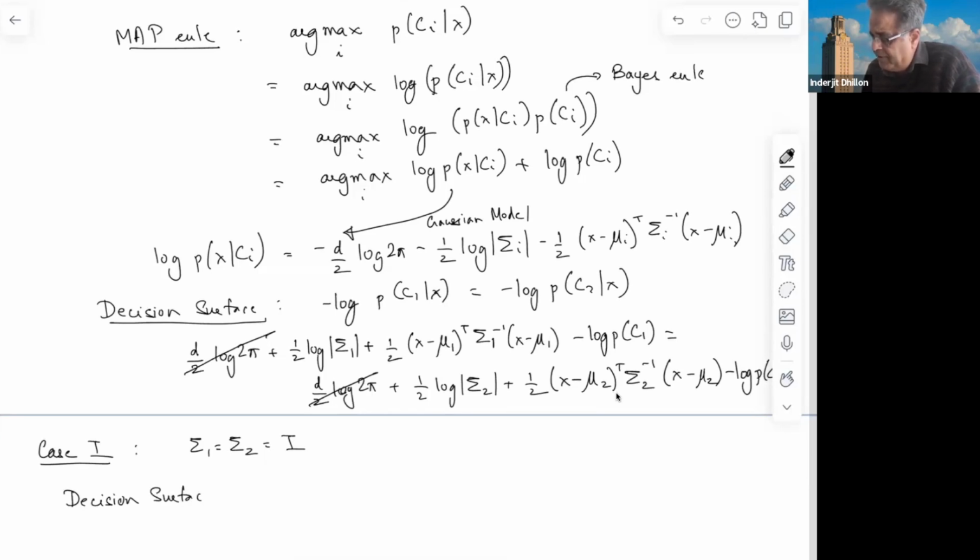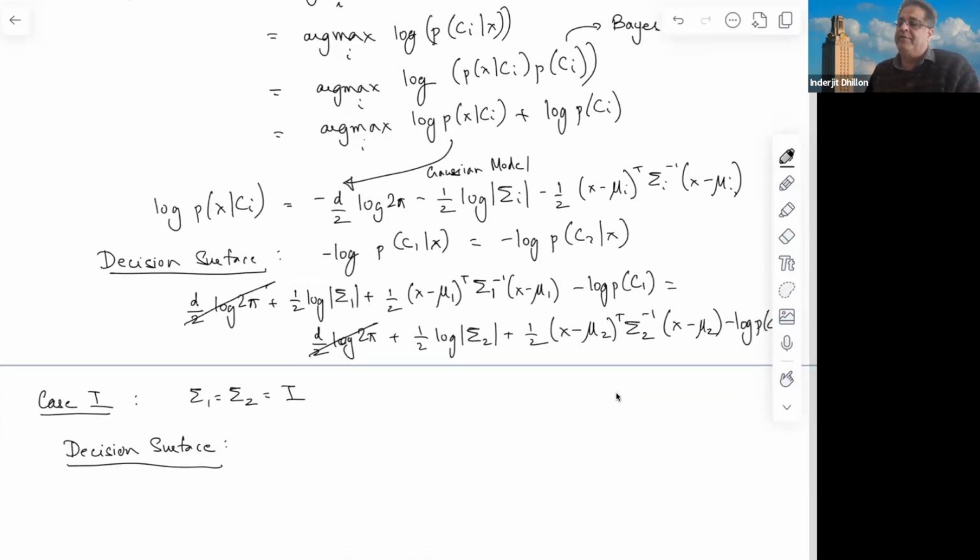Then you'll see that terms from the left-hand side start canceling with the terms on the right-hand side. Okay. So let me just write it out again. 1/2 log of sigma 1. Let me see if I can fit this into one line.